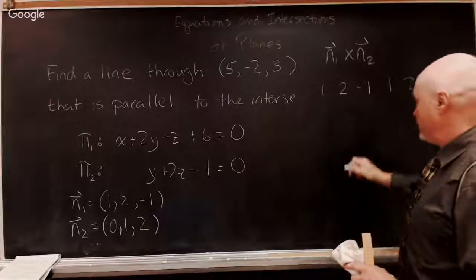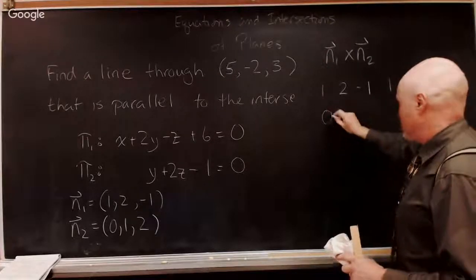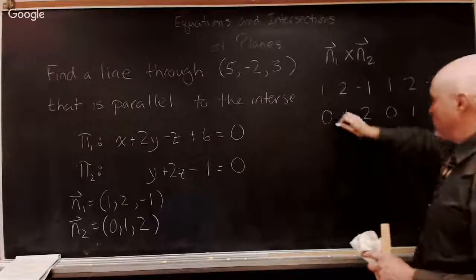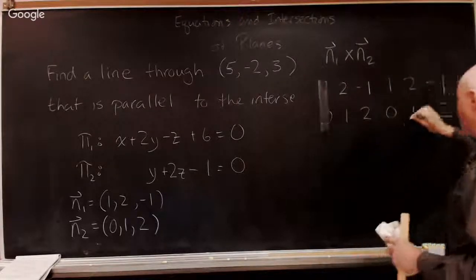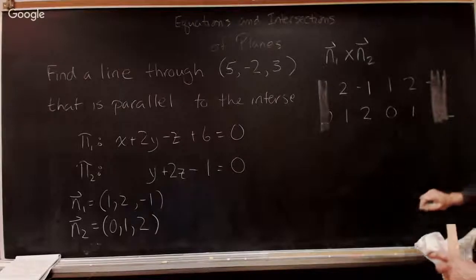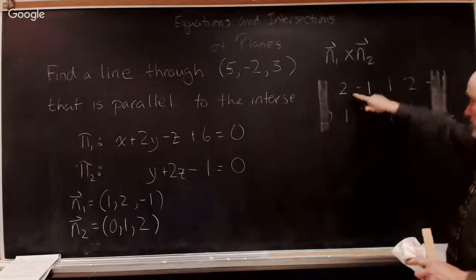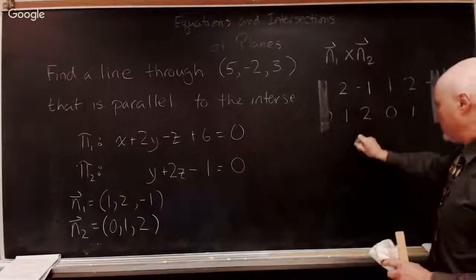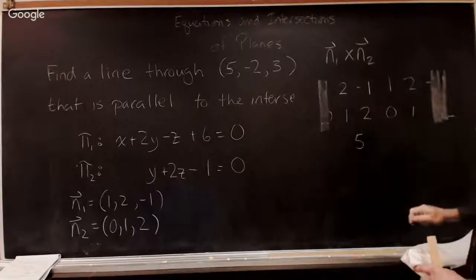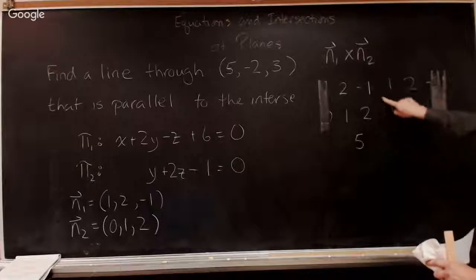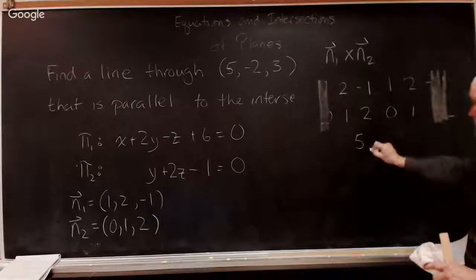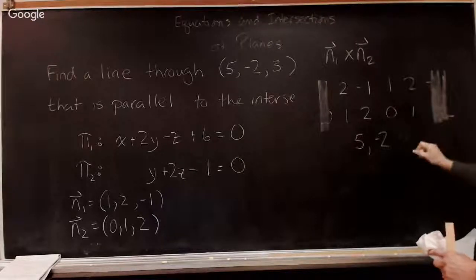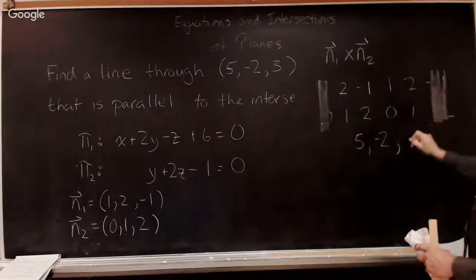So 1, 2, -1 twice, 0, 1, 2, 0, 1, 2. Do the cross product. So 4 minus -1 is 5. 0 minus 2 is -2. And 1 minus 2 is -1.